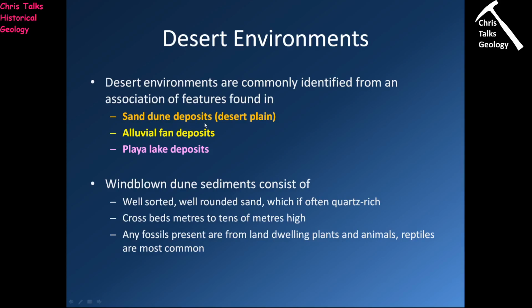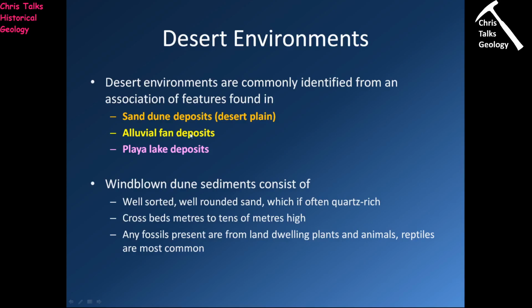The first one are the sand dune deposits, also sometimes referred to as the desert plain. So this is the classic image of the desert that we have, with the big sand dunes. But there are also a couple of other environments in your standard desert system. There's the alluvial fan deposits. These tend to be located where the desert plain meets areas of topography, so hills and mountains.